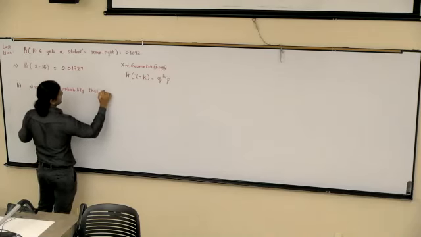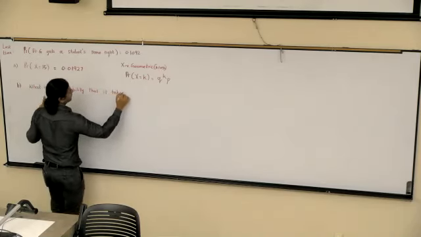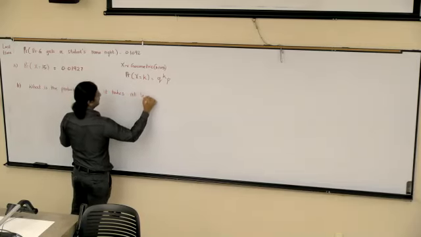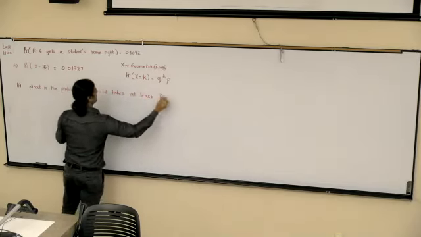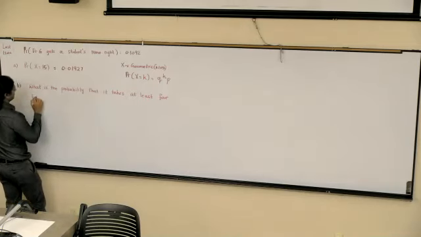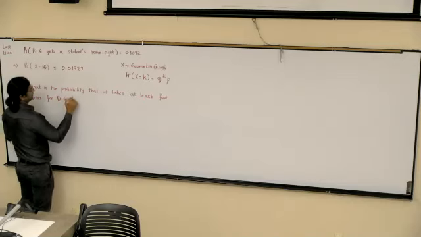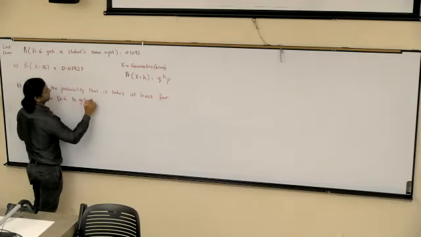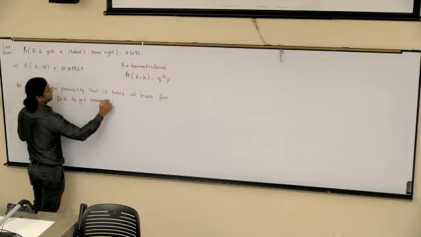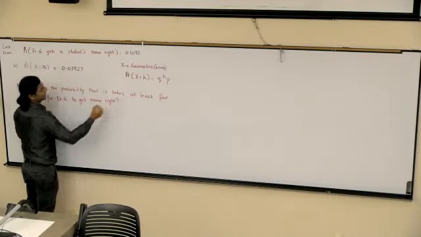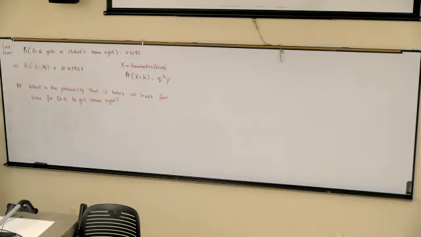What is the probability that it takes at least 4 tries for Dr. G to get the name right? At least 4 tries would mean 4 or more, but that would imply how many failures?